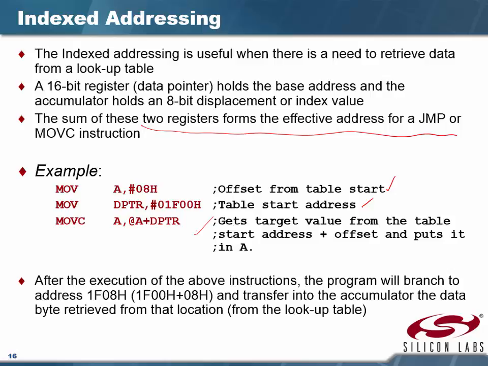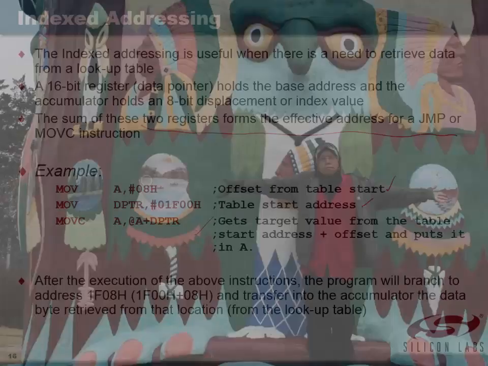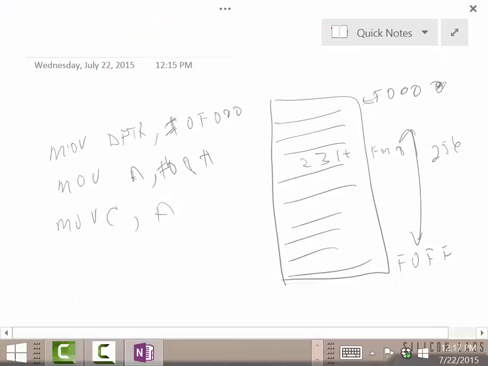From the table, start address plus its offset right there. So in other words, what we're doing is we're saying at this point right here, it's at plus data pointer.